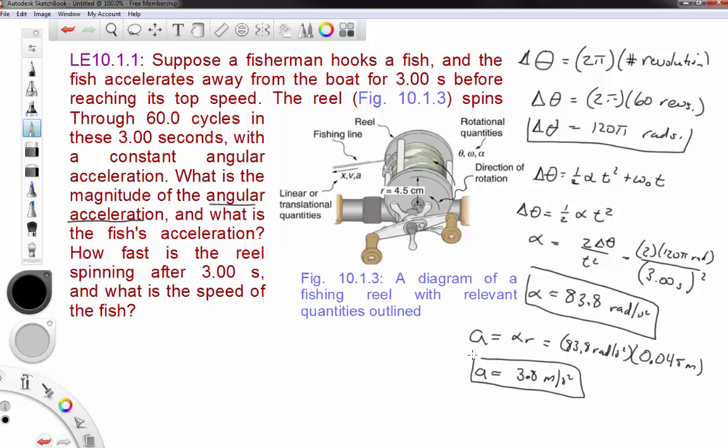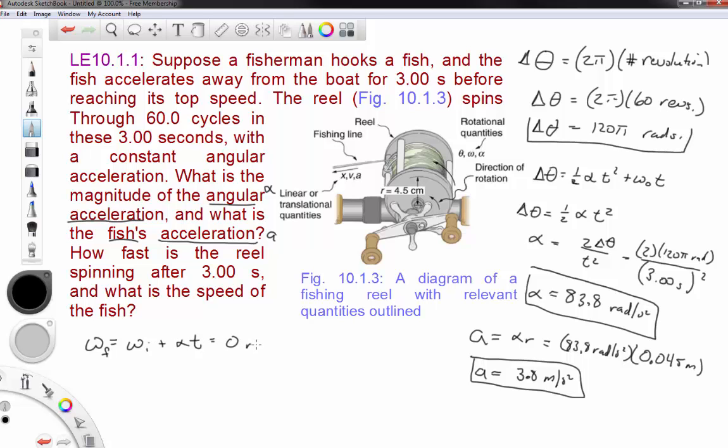So now we have the angular acceleration of the wheel, and we now have the fish's acceleration. This is a, this is alpha. So the next question is, how fast is the reel spinning and how fast is the fish going at this point? To get the final speed, we take the initial speed plus the angular acceleration times the time.